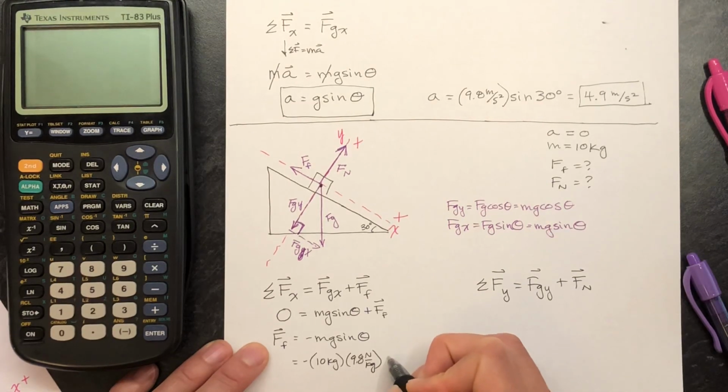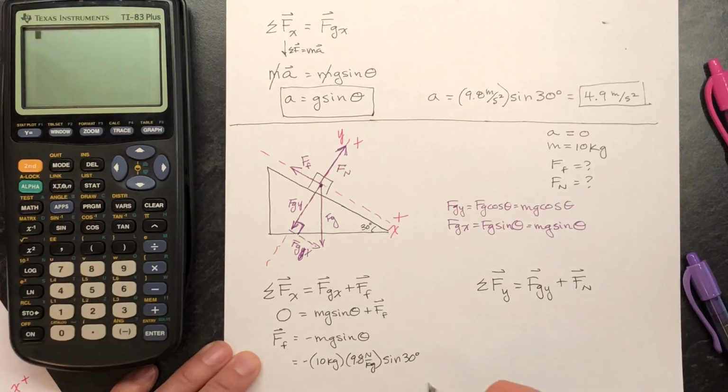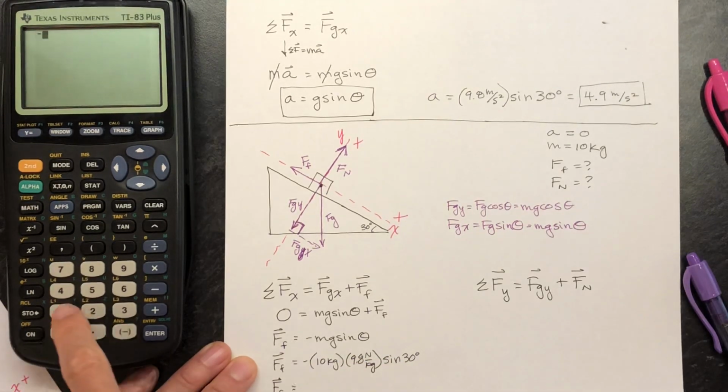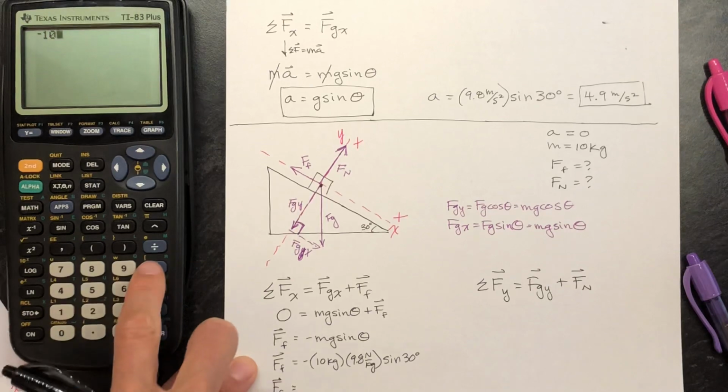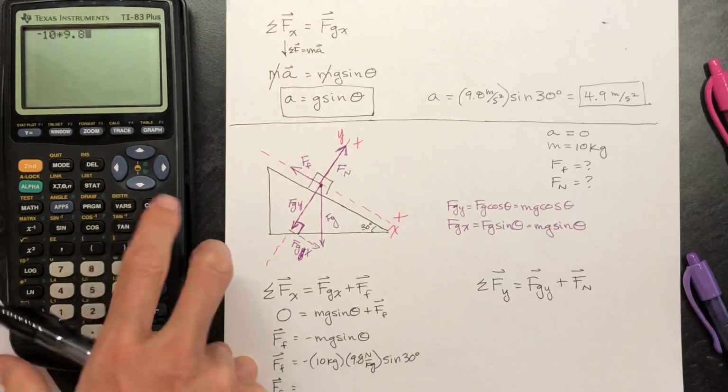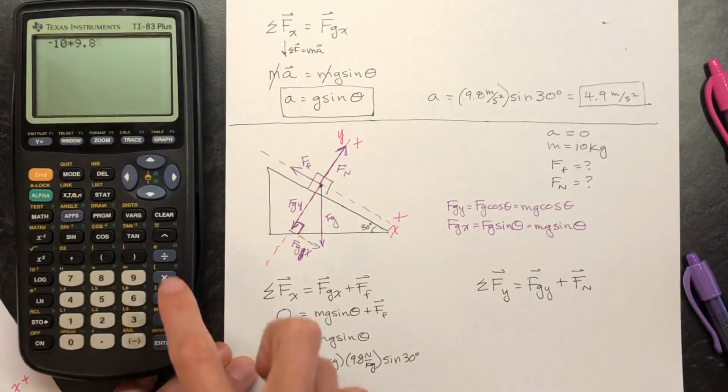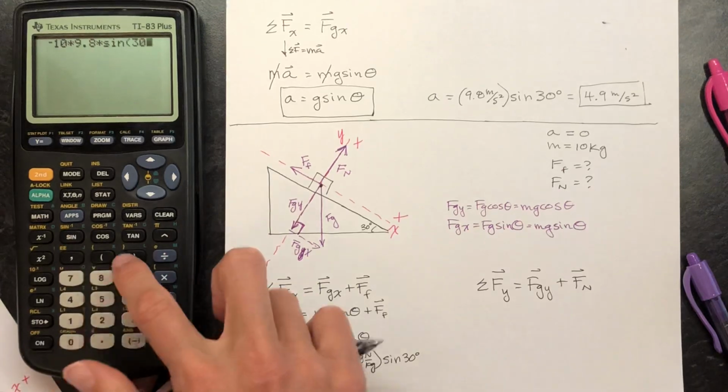And then sine of 30 degrees. So we get force of friction is equal to 10 times 9.8 times sine of 30.